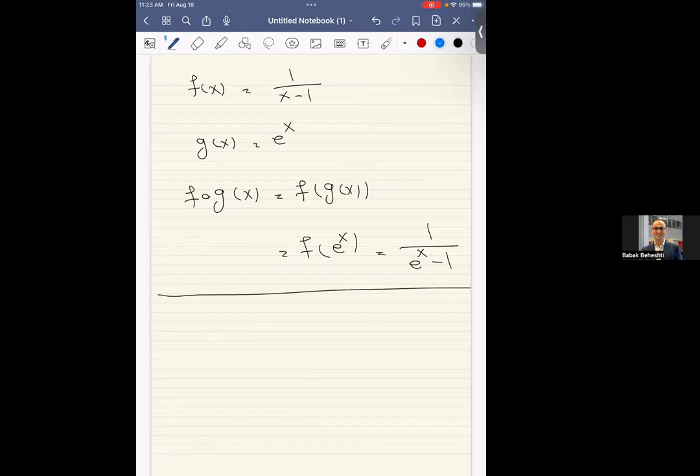So another example. Let's say that f of x is square root of x and g of x is cosine x.